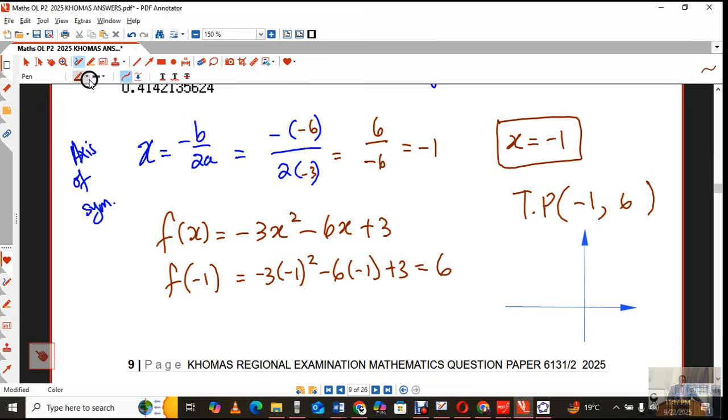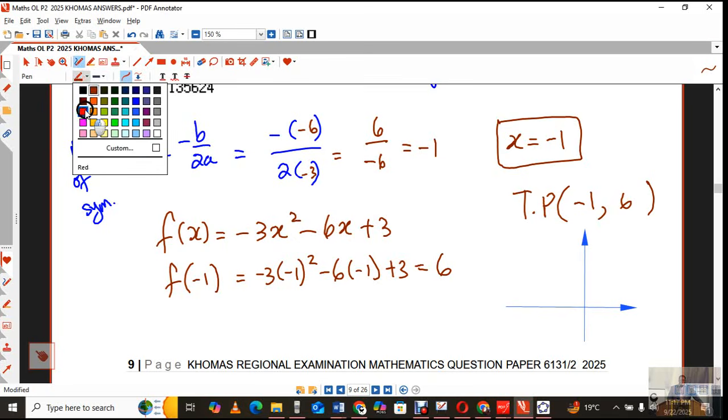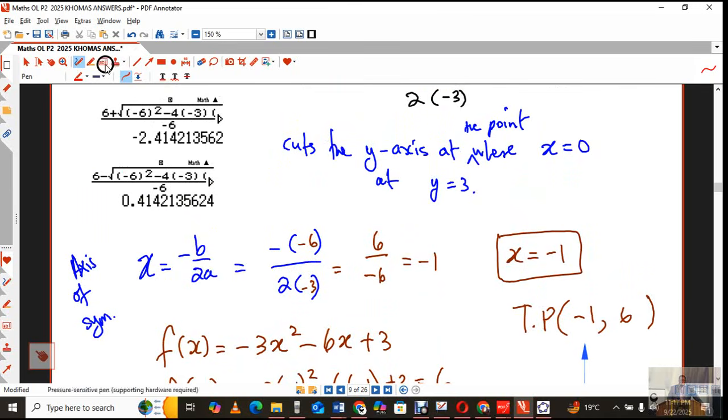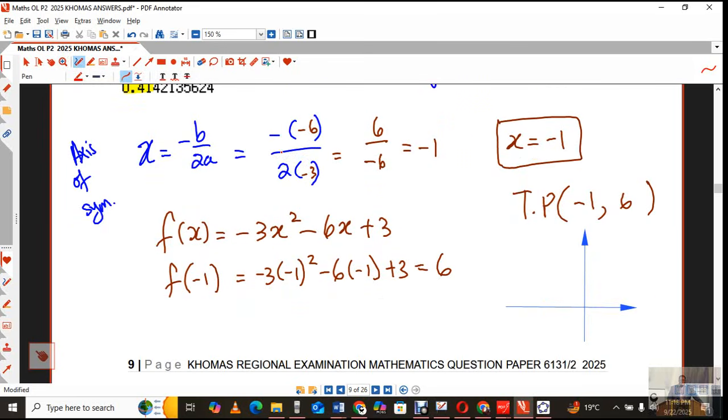If I was to sketch that graph, because of the negative value and the x-intercepts at about -2 point something and 0 point something, it's going to be more or less to the side. It's going to go all the way up like this and come down all the way like this. Don't worry about it. Let's suppose my turning point is here.